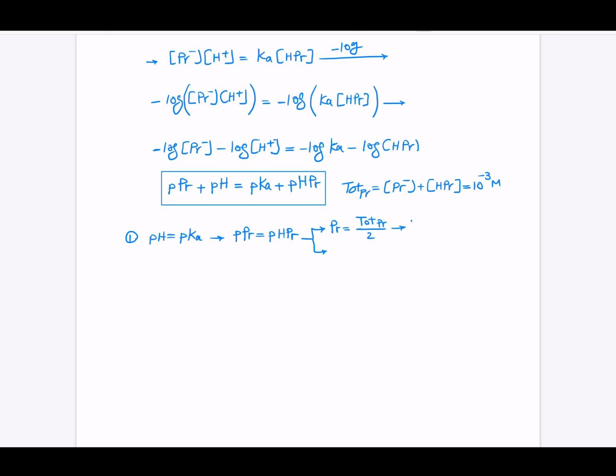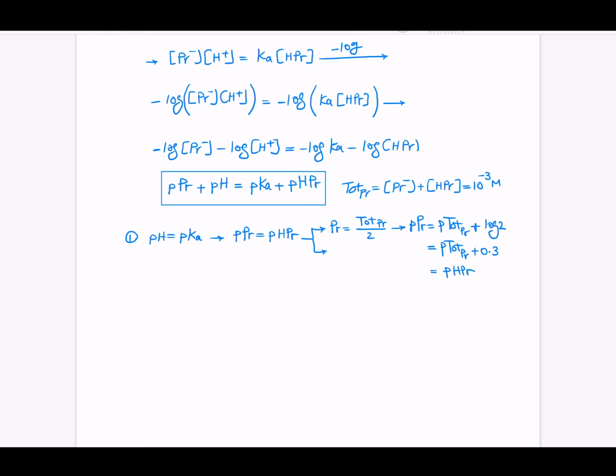So if we do the p function, pPR is equal to p total PR plus, because we're doing minus log, this would be minus log of 1/2, or p total PR plus log of 2, which is 0.3. And then this would be the same for pHPR.